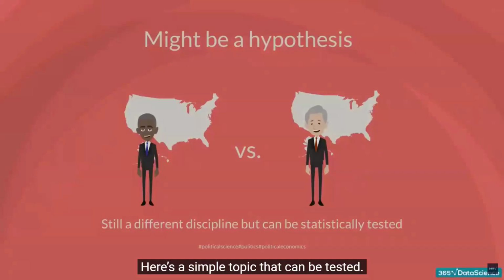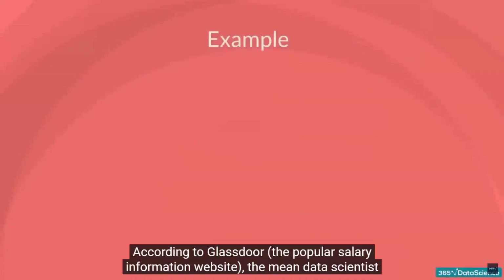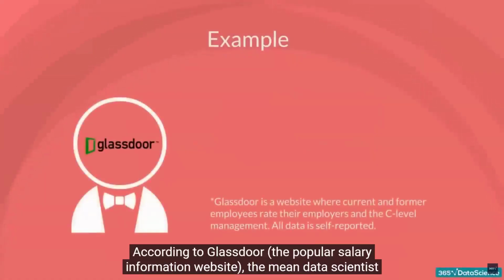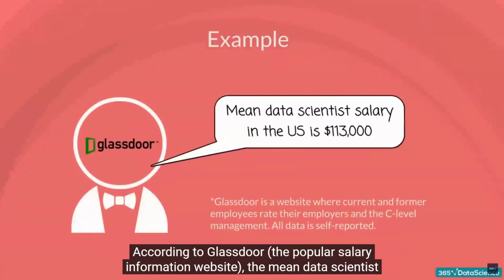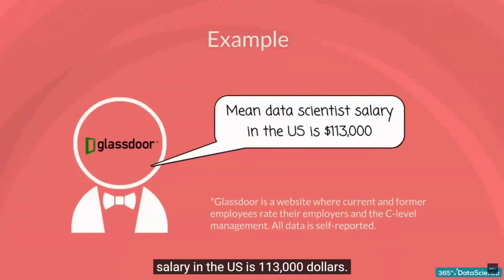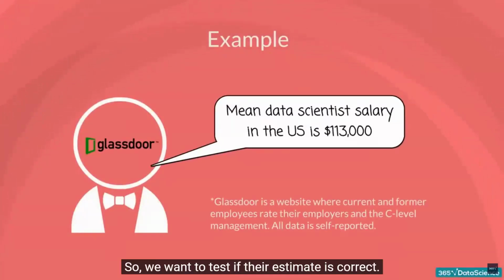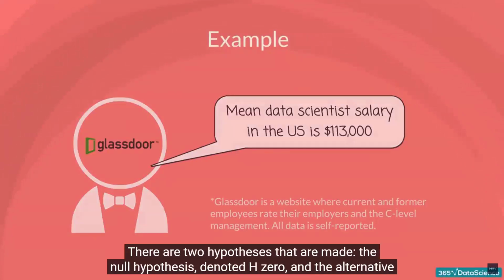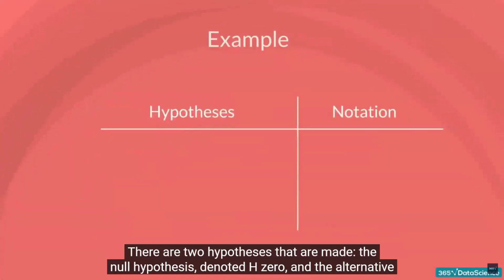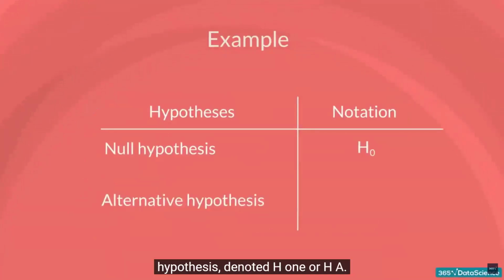Here's a simple topic that can be tested. According to Glassdoor, the popular salary information website, the mean data scientist salary in the US is $113,000. So, we want to test if their estimate is correct. There are 2 hypotheses that are made: the null hypothesis, denoted H0, and the alternative hypothesis, denoted H1 or HA.